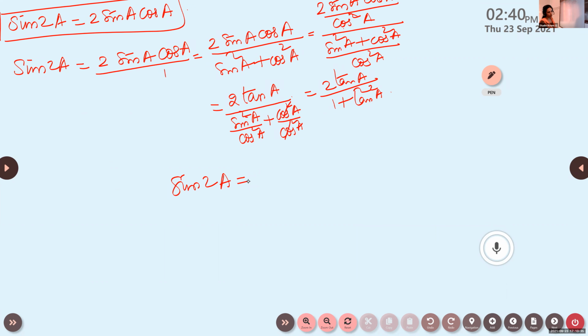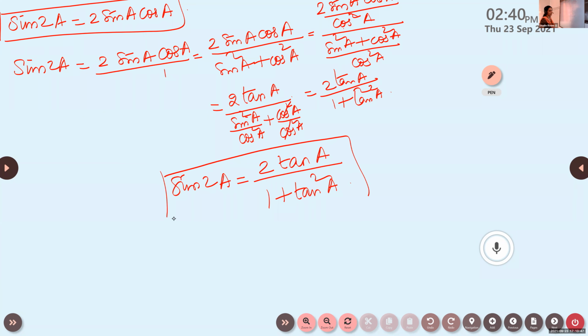Tan means sine by cos, so we divide by cos square A. Sine 2A in terms of tan is 2 tan A by 1 plus tan square A.